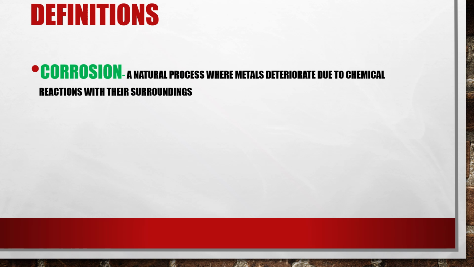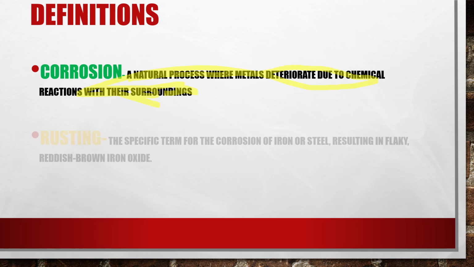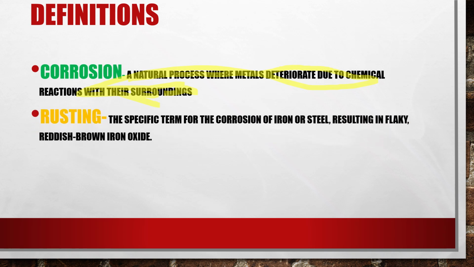Corrosion is a natural process of deterioration due to chemical reaction with the surroundings. When a metal reacts with the surroundings, this is called corrosion, right? But rusting is the specific term for iron or steel, and here there is a very huge difference.